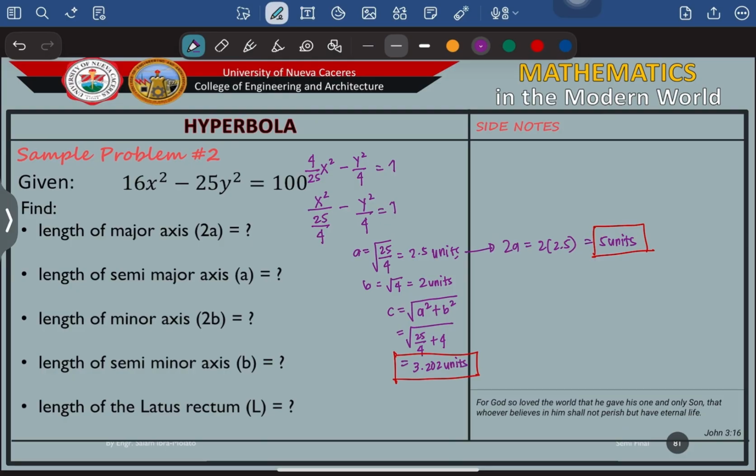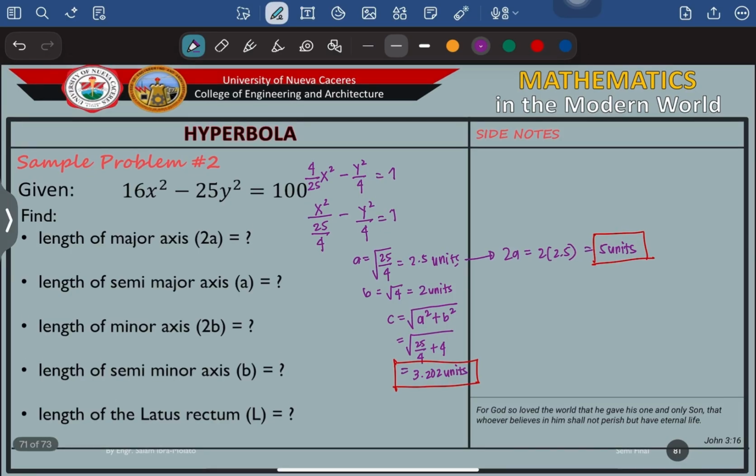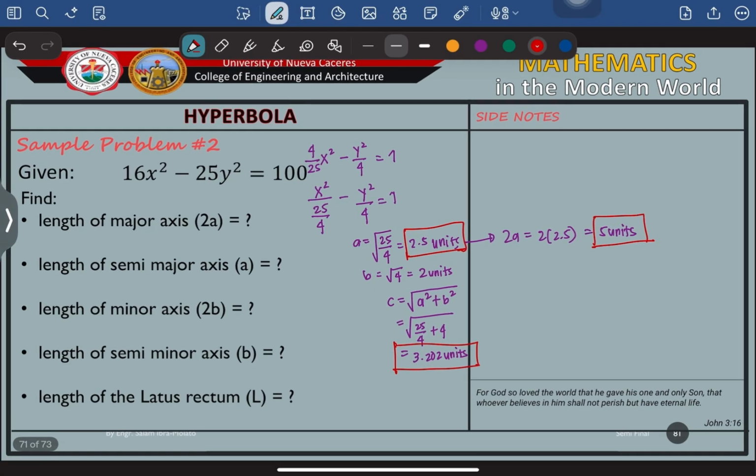Then semi-length, this one. Length of minor axis, so twice of B. 2B, so 2 times 2 is 4 units. Then semi-minor axis is 2 units.